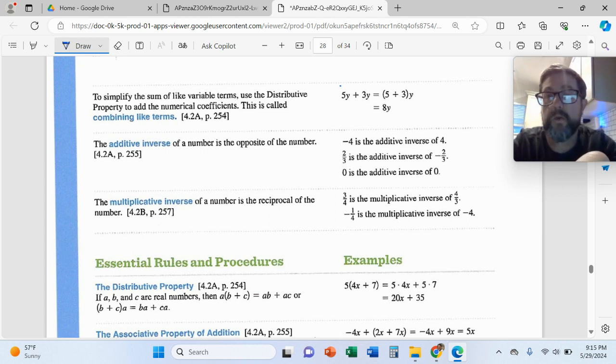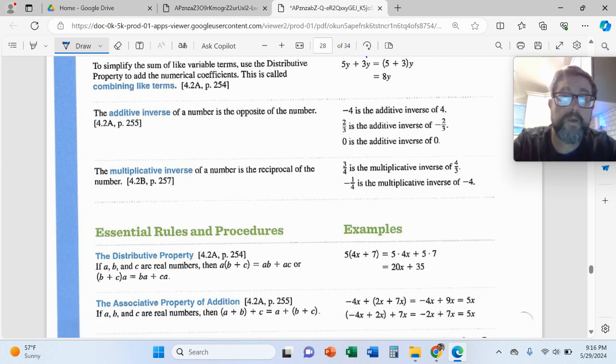So we can combine 5y with 3y. We can split up the 5y and the 3y to just 5 plus 3 times y, which ends up being 8y on either side.